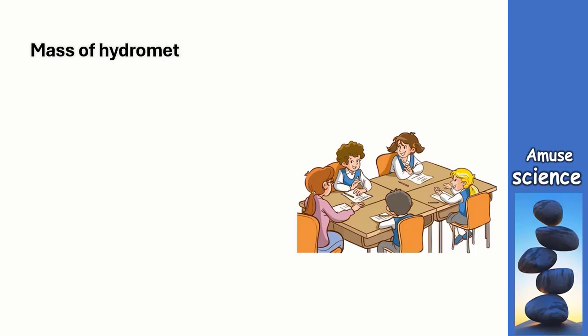We are going to have mass of the floating hydrometer is equal to the density of the liquid multiplied by the volume of the liquid displaced. So if you make volume of the liquid displaced the subject, we are going to get volume of liquid displaced is equal to the mass of the hydrometer divided by the density of the liquid.